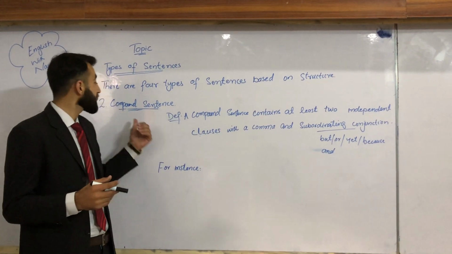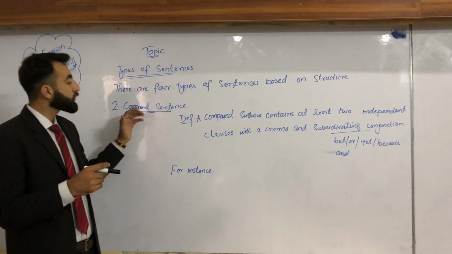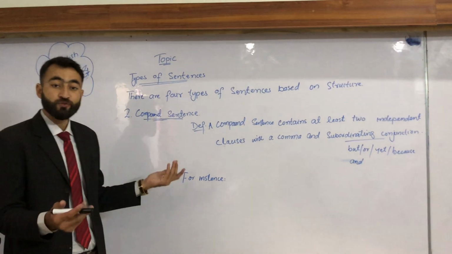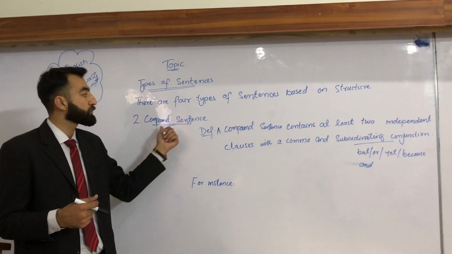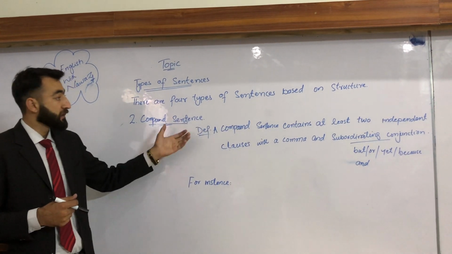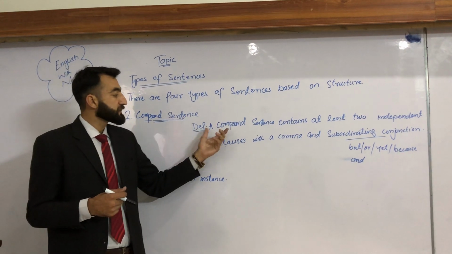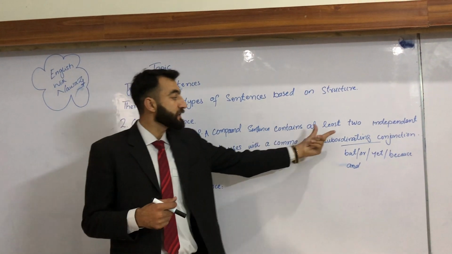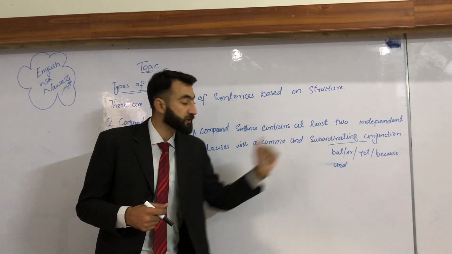Dear viewers, here the second, compound sentence, is written. Now we are going to learn about compound sentence. What is a compound sentence, which is the second type of sentences among the 4 types? A compound sentence contains at least 2 independent clauses with a comma and a conjunction.